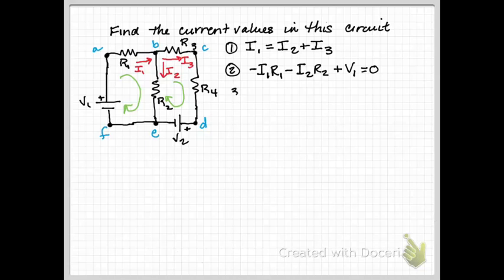And then we want to look for a third equation. And for this one, we're going to start at point E. And since our loop, if we're going from E to B, our loop is going to be going the opposite direction of our current flow. This is going to be positive, I2, R2.